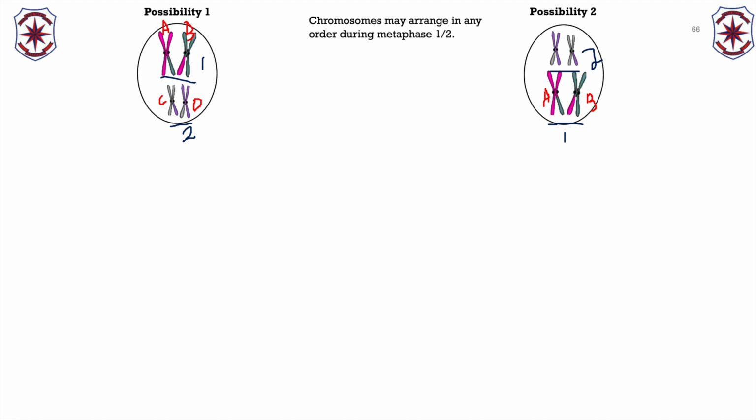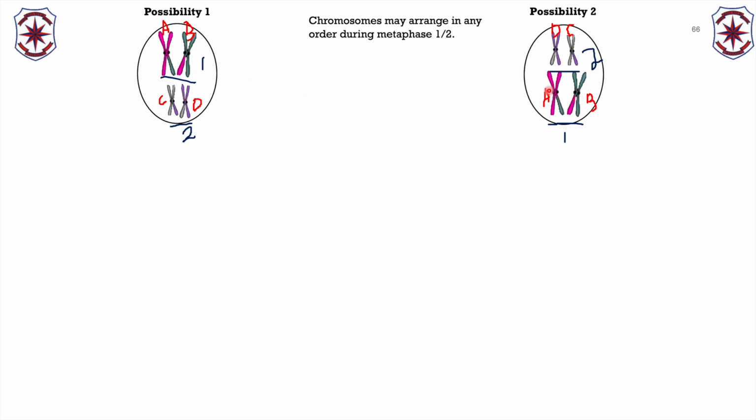Now let's check chromosome C. Chromosome C is there. And chromosome D is there. So you can see that the way in which chromosomes line themselves at the equator during metaphase 1 is different in the different cells that are dividing.